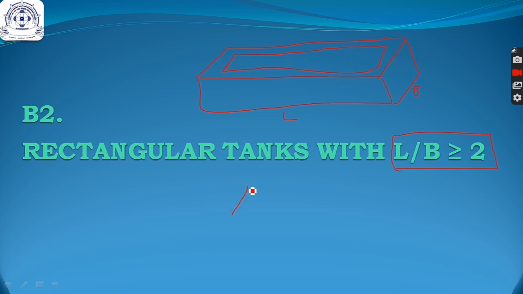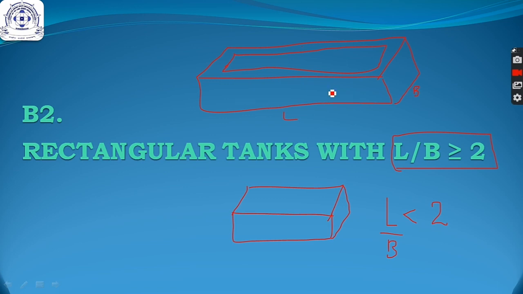In the previous case it was possible because L and B were comparable and the length was not very large as compared to the width, as L by B was less than 2. So in that case we can say that the whole of the long wall is supporting the short wall and the whole of the short walls are supporting the long wall. But here we cannot say this.